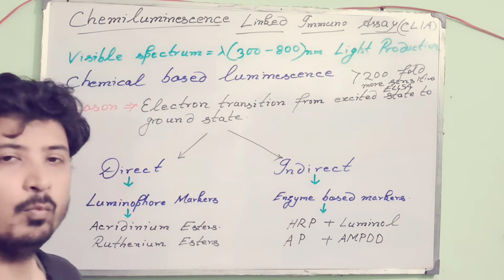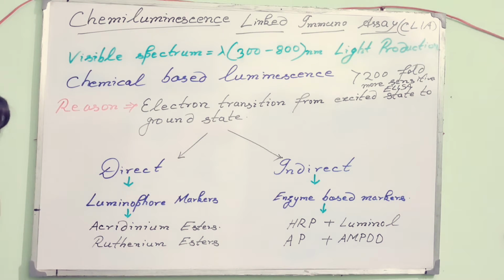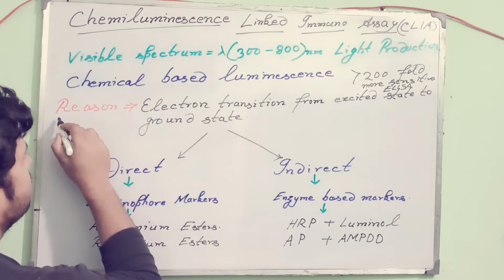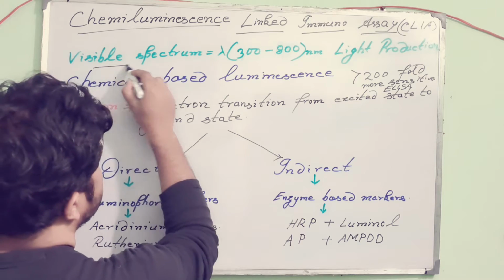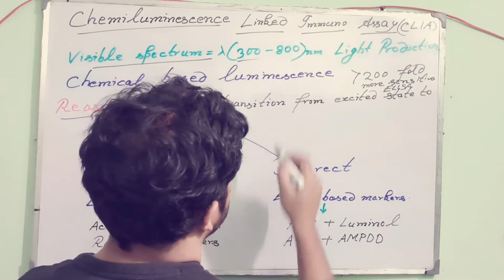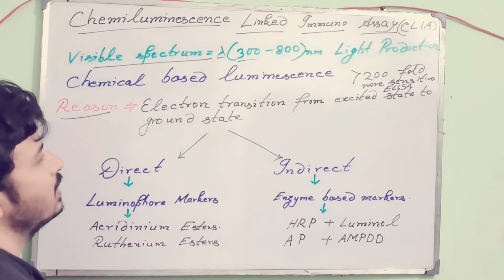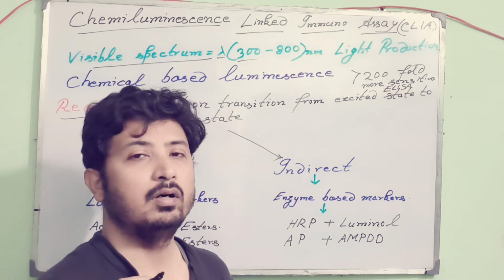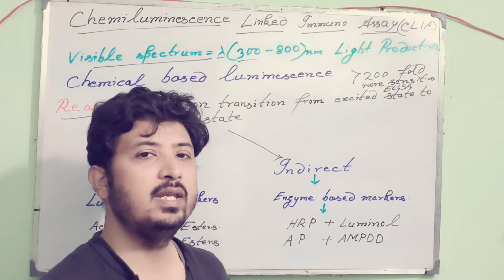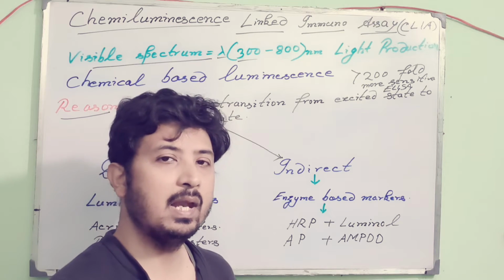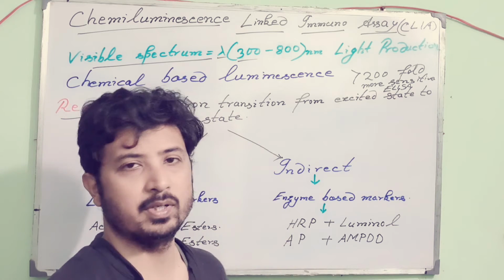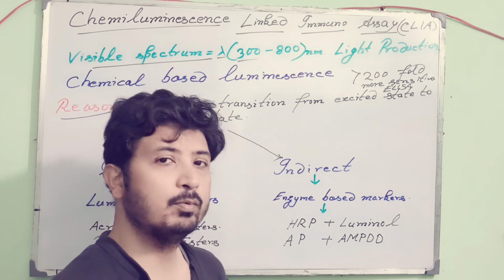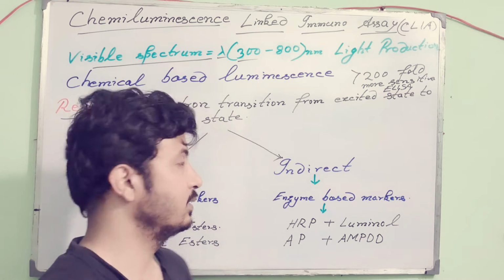So what makes it more sensitive than ELISA? Now let's know that chemical based luminescence means there will be a production of visible spectrum of light, that is the wavelength lambda is equal to 300 to 800 nanometers. In this range, any wavelength of light can be produced through the use of chemicals in this procedure. So the light is produced due to some chemical reaction.